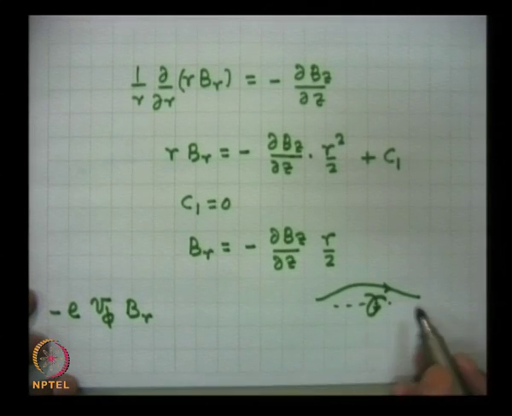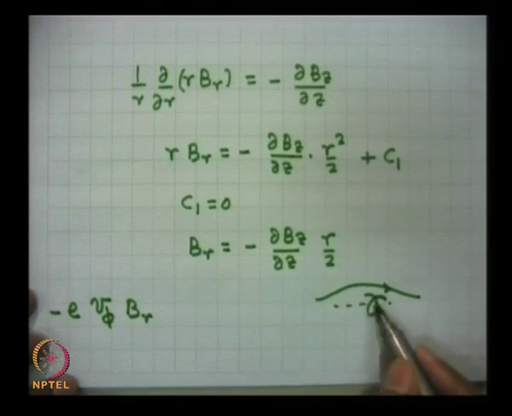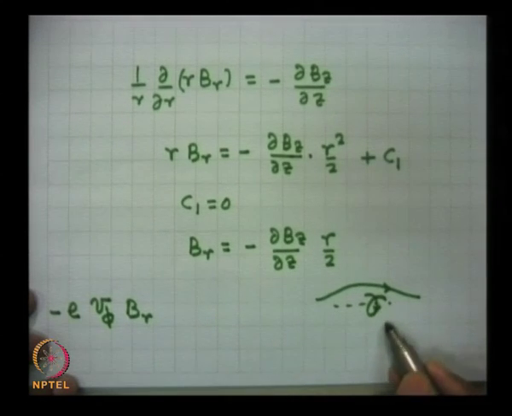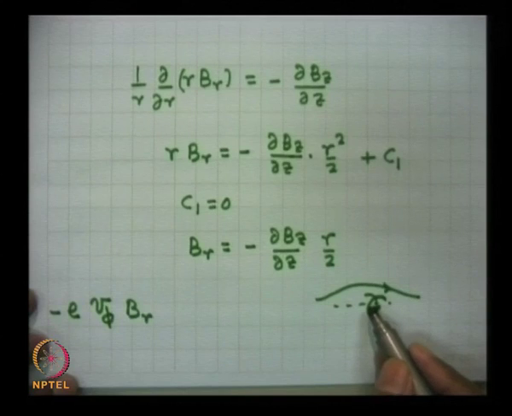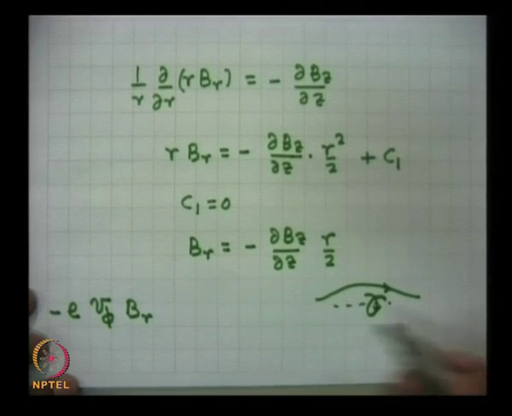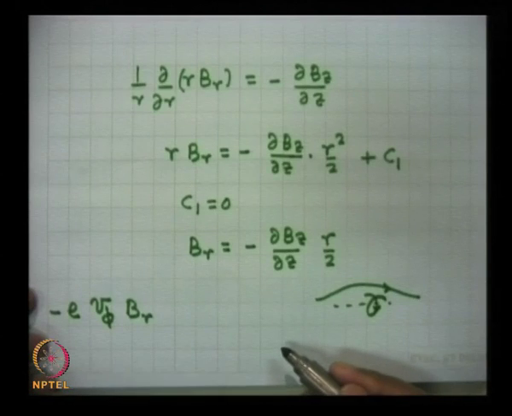And so as the electron gyrates around the line of force with finite velocity in the z direction, as it goes from the center of the machine towards the throat, it experiences a reversible force, and that I would like to calculate.